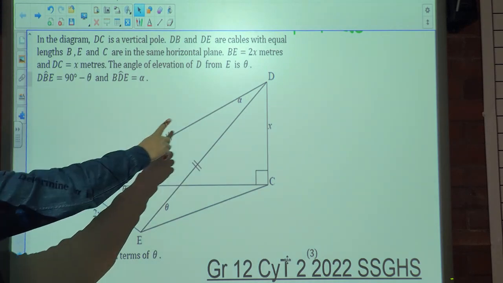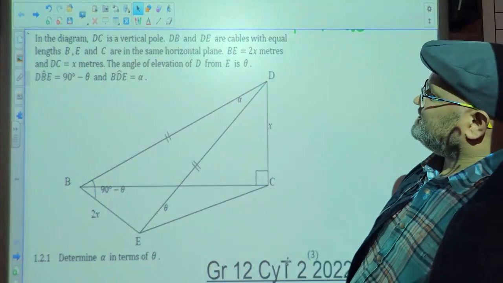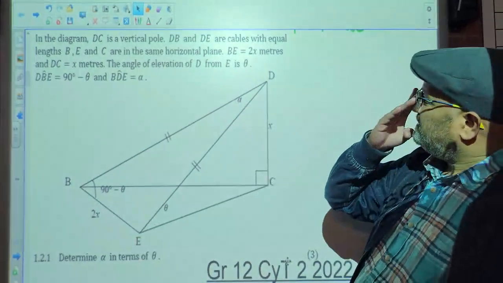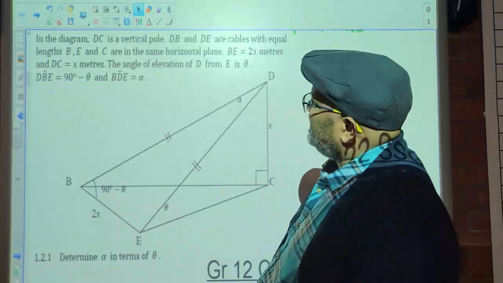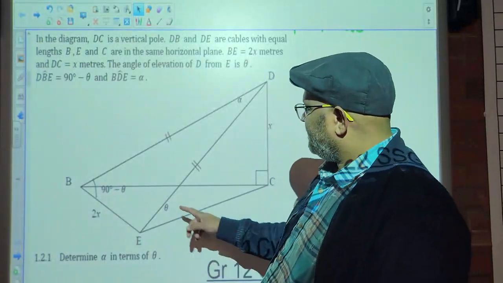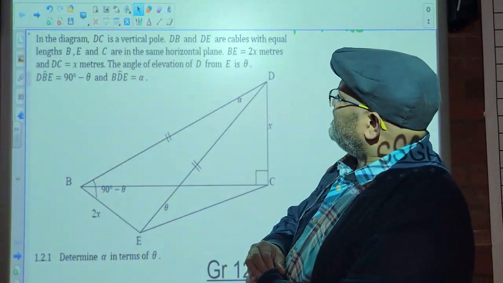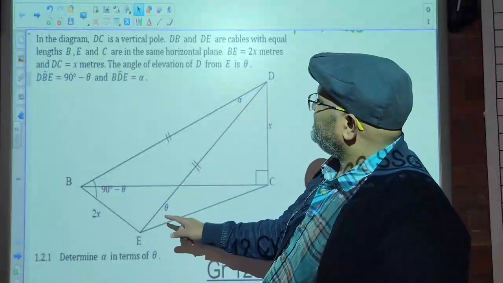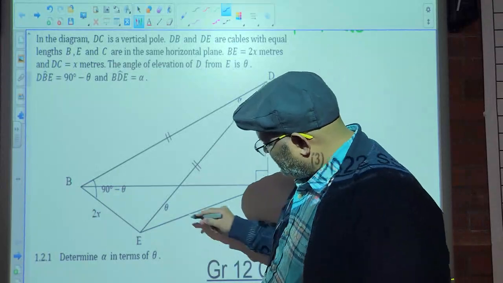B, E, and C are in the same horizontal plane. We're assuming that's on the ground. We are then told that BE is 2x meters and DC is x meters. The angle of elevation of D from E is theta. So this angle here is theta.